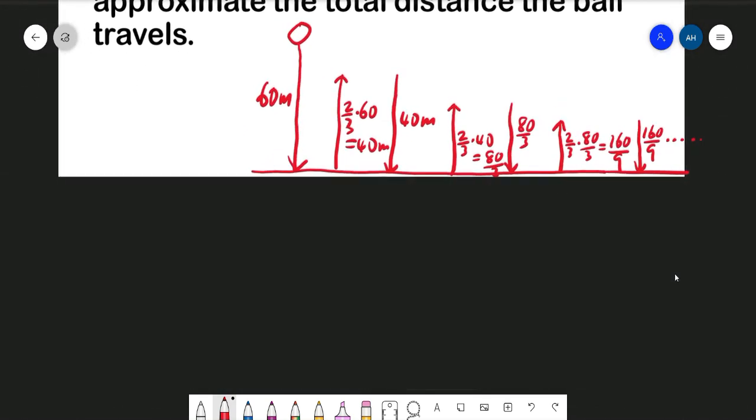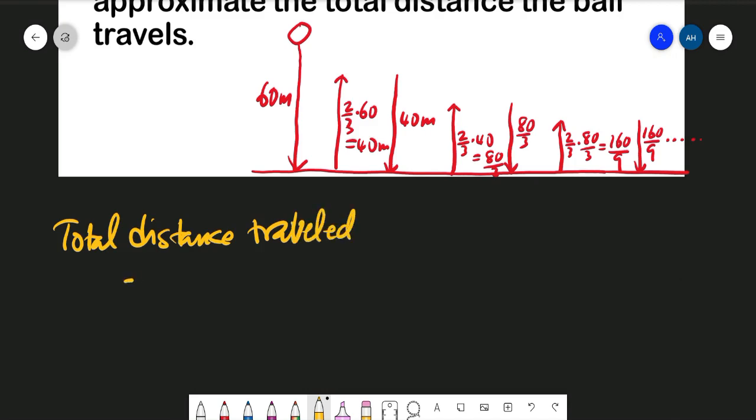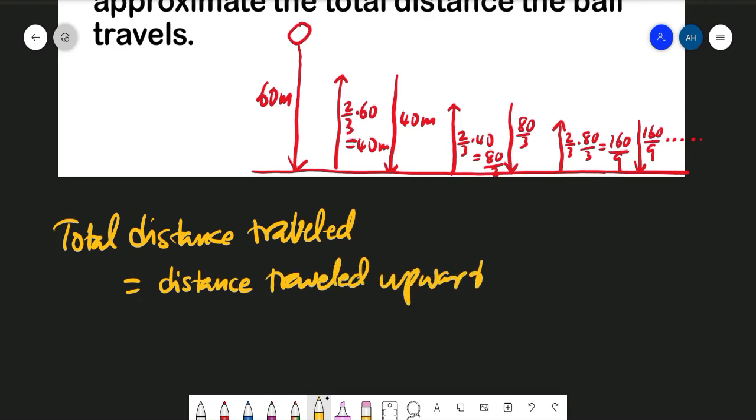So we write down total distance traveled equal to the sum of the distance traveled upwards plus the distance traveled downwards.